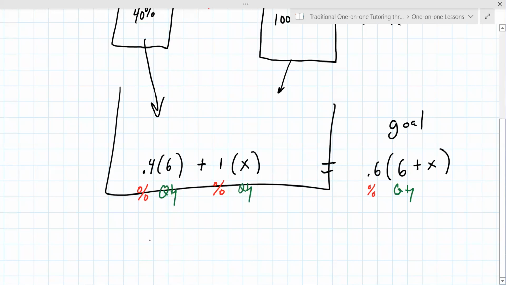How many variables do you see in this equation? 2. But they're the same, right? Yeah, x and x. So you've condensed this word problem into just a single linear equation, and you can solve for x.